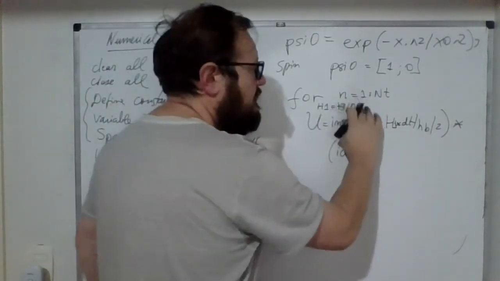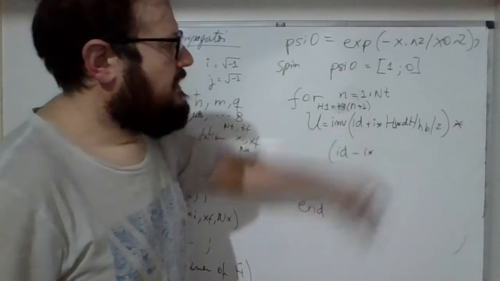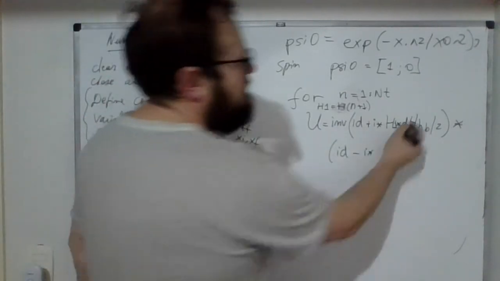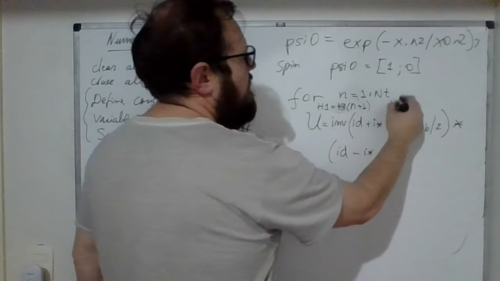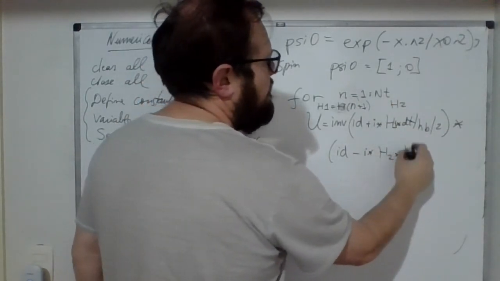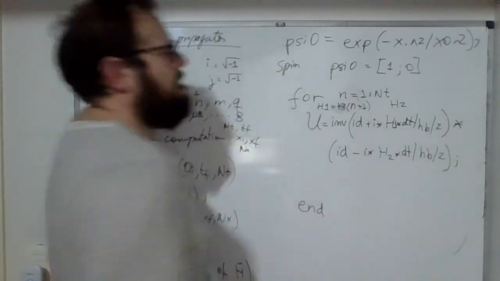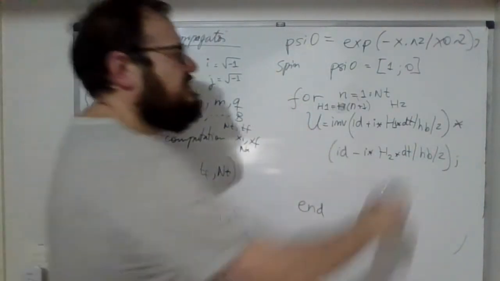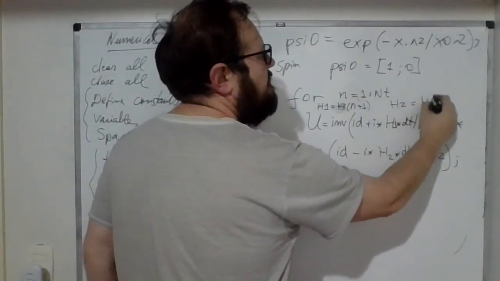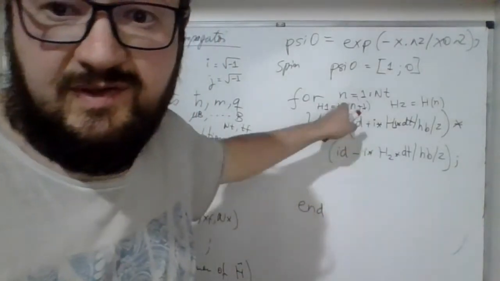Of course, this must be properly calculated. And the h2, which will appear here, times dt divided by h bar divided by 2, is calculated at time t. So this is a function of the index n, and this index is time.